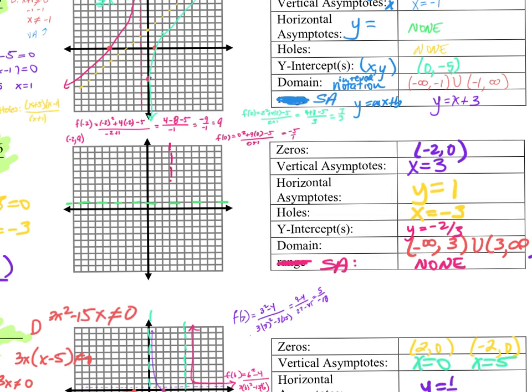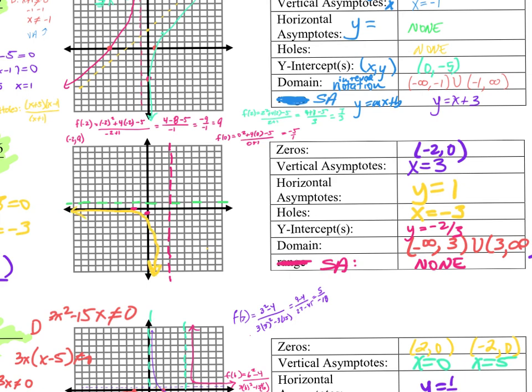So here at 3. I have a y-intercept at negative 2/3, so I know it's here-ish. My x-intercept is at negative 2, 0, so it's here. So right now, you're seeing where your boomerang exists in the bottom here. It's going to be right here.